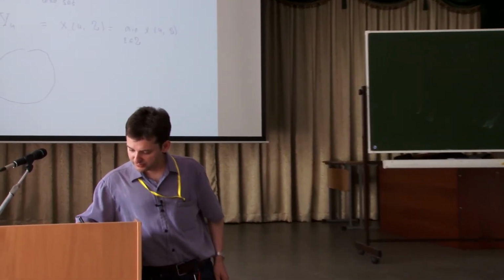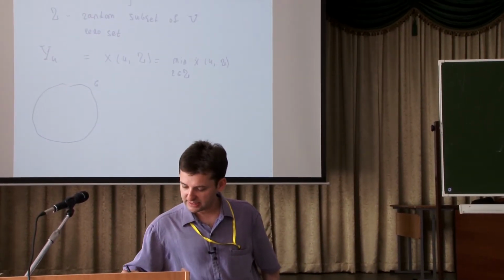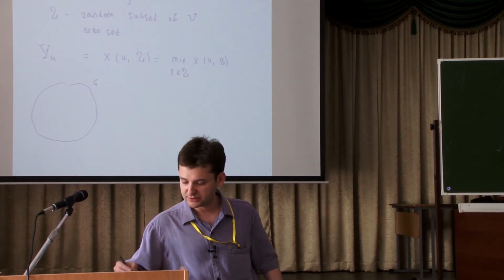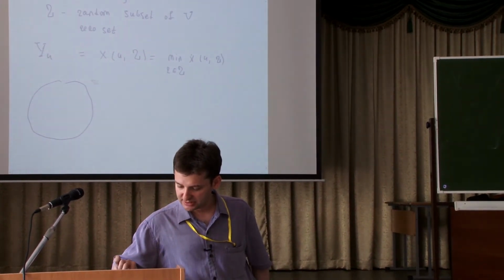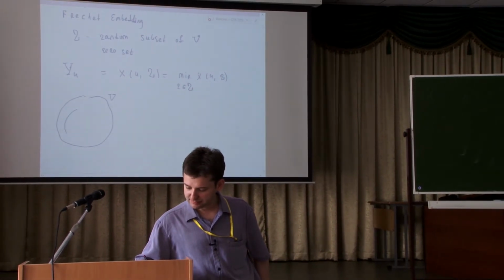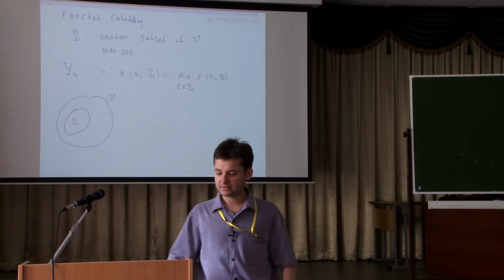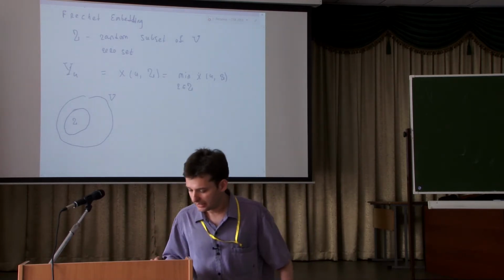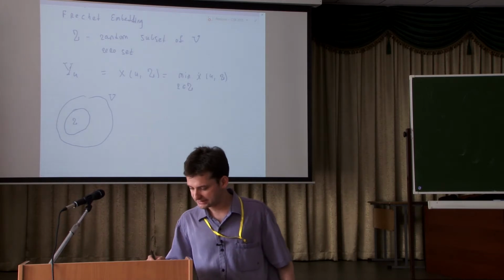So what do we do exactly? We have our graph G, this is a set of vertices V. We don't care about edges anymore. We sample some set Z, and the way we sample it, I'll tell you later. It's not related to Fréchet embeddings as is.